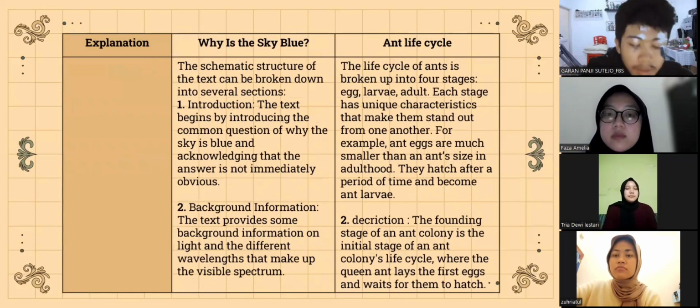1. Introduction. The text begins by introducing the common question of why the sky is blue and acknowledging that the answer is not immediately obvious. 2. Background information. The text provides some background information on light and the different wavelengths that make up the visible spectrum. 3. Explanation of scattering.